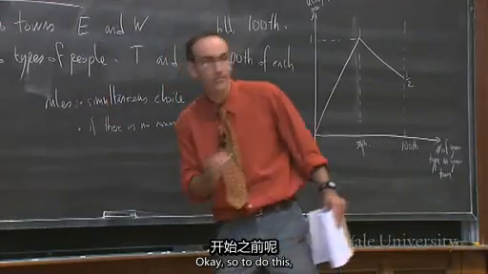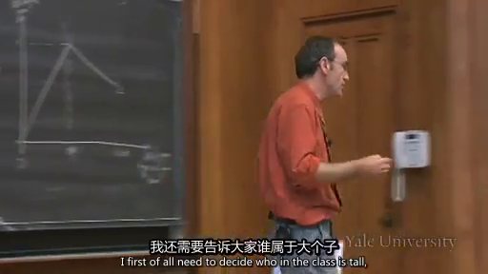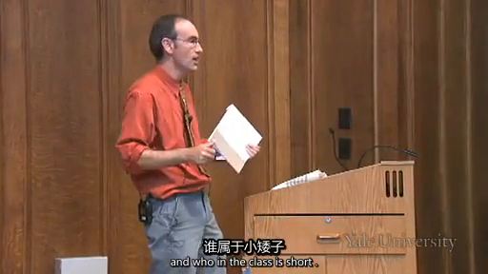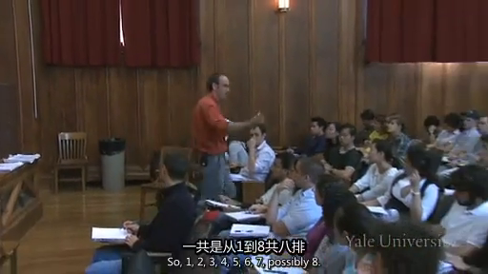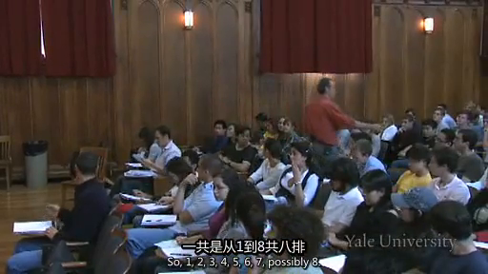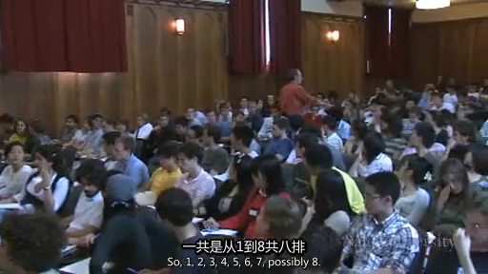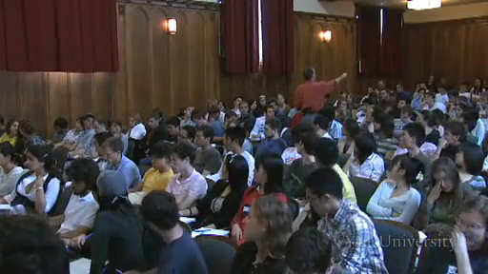Okay, so to do this, I first of all need to decide who in the class is tall and who in the class is short. I'm going to grab that mic again. Let me just count backwards. I guess we'll ignore this row. 1, 2, 3, 4, 5, 6, 7, 8.